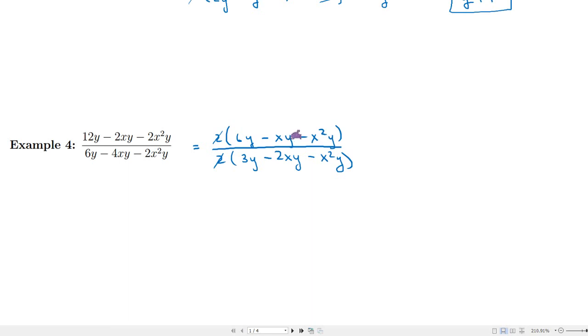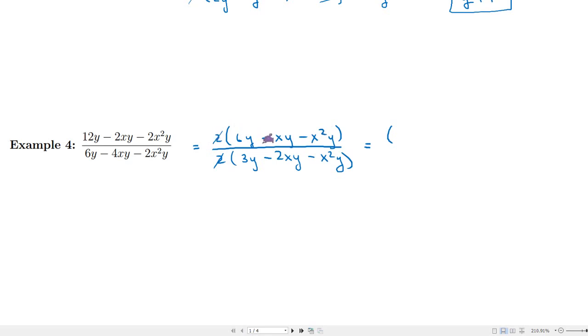And then we can reduce and factor what we have left over. So the 6y minus xy minus x squared y, we can proceed to factor what we have here. So what's the strategy that we can use? Well, first, do you notice, do we have any other common factors here?